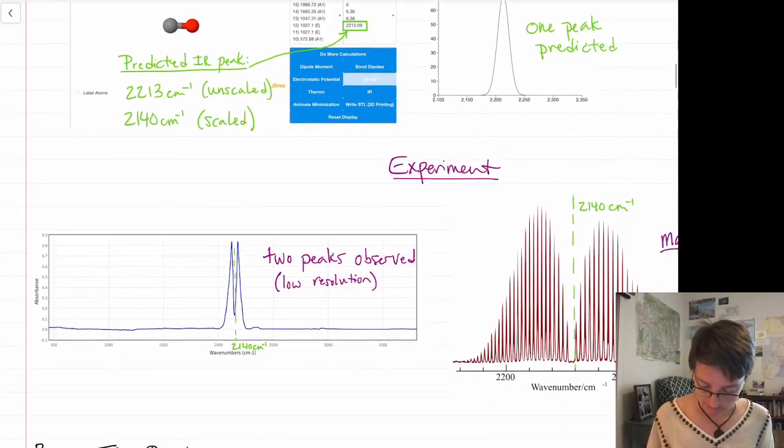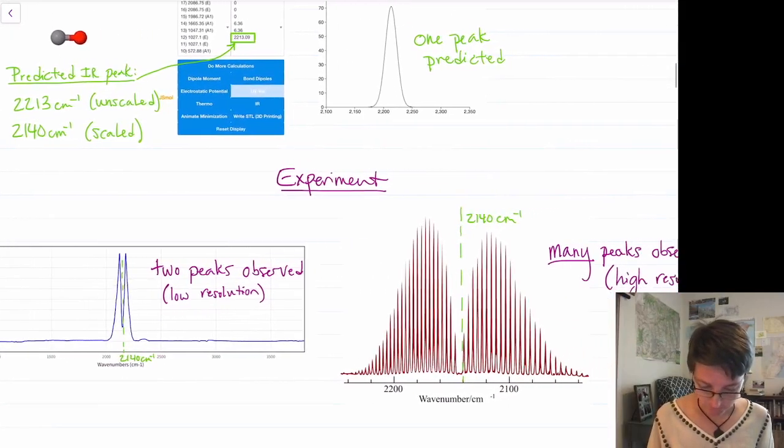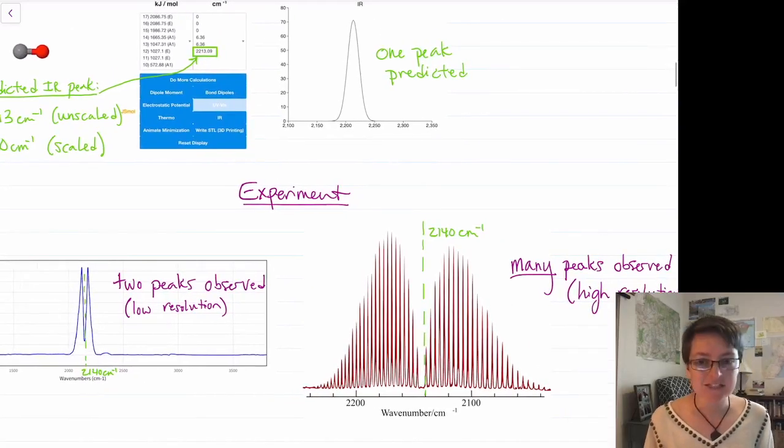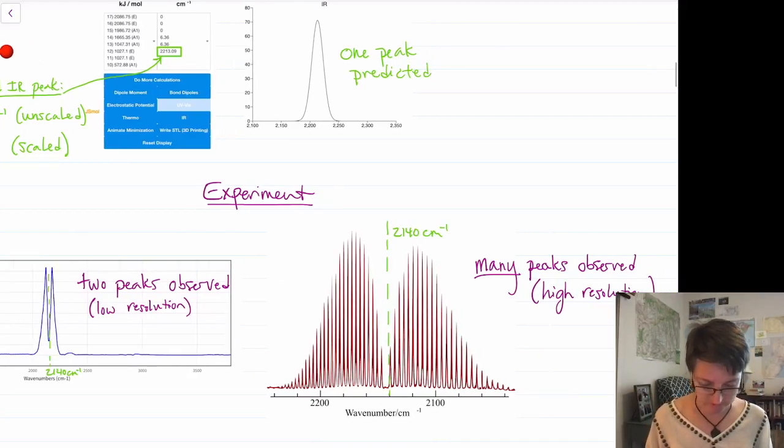However, when I look at the NIST database for experiments on carbon monoxide, I actually see two peaks in the IR spectrum. And if you are able to do a highly resolved IR spectroscopy experiment of carbon monoxide, really focusing on that near 2000 wave number region, a high resolution IR spectrum will in fact tell you that those two peaks correspond to many, many different peaks in the IR spectrum.